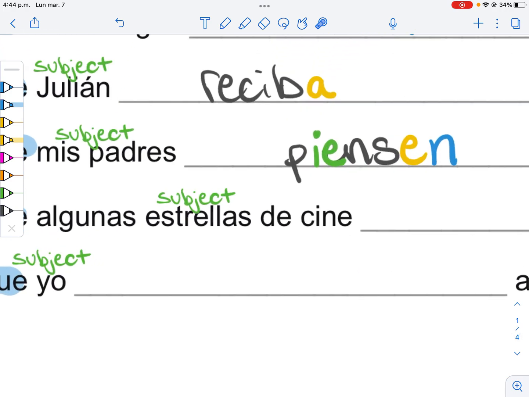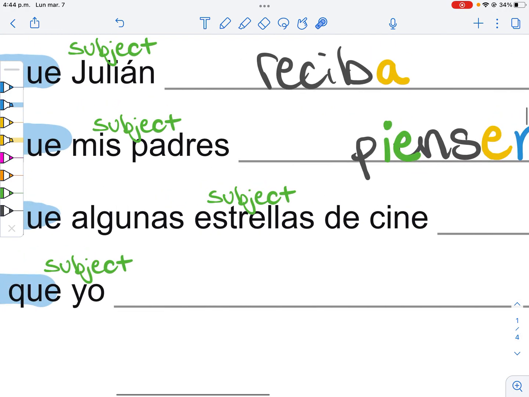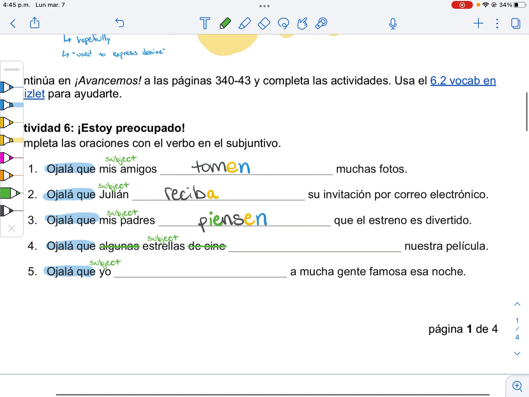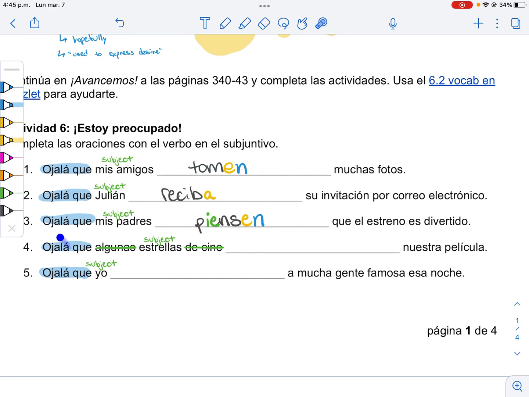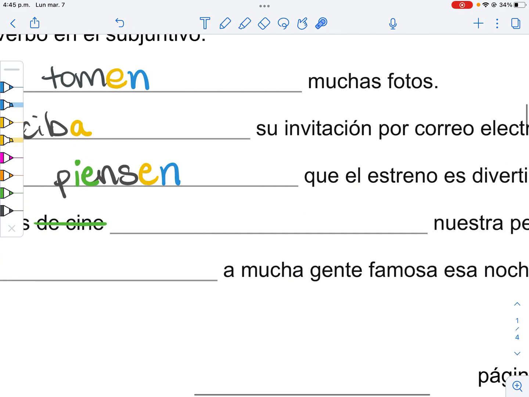In número 4, we have to be very careful finding our subject. It's not algunas, that's an adjective, that's some. De cine is a prepositional phrase. So, estrellas, the stars, are our subject. Hopefully the stars, movie. So number 4, we're looking at mirar as an AR verb.